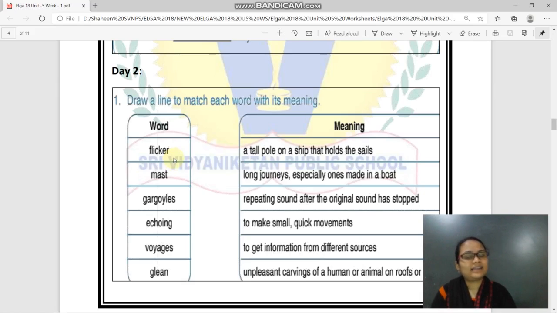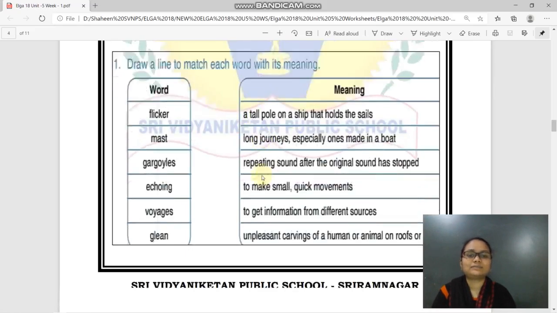Good. LUPRC strategy and try to find the correct meaning of the given word, and then see the meaning in the meaning section and identify the correct meaning for the related word. Then you can draw a line to match each word with its meaning children.